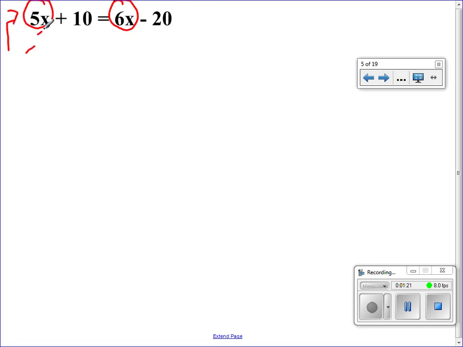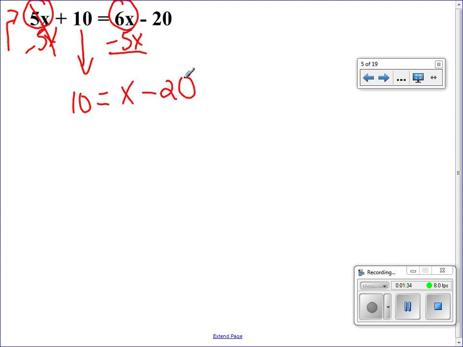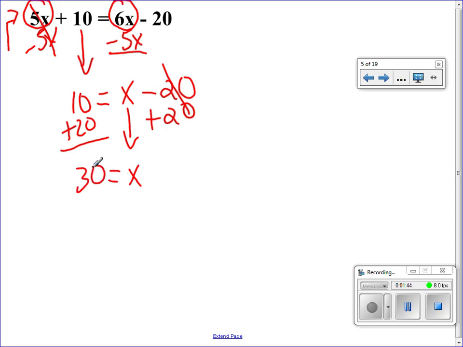So we're going to do minus 5x from both sides. We're doing inverse operations. 10 equals x minus 20. Now we just need to isolate the variable, add 20 to both sides. x equals 30. One answer.